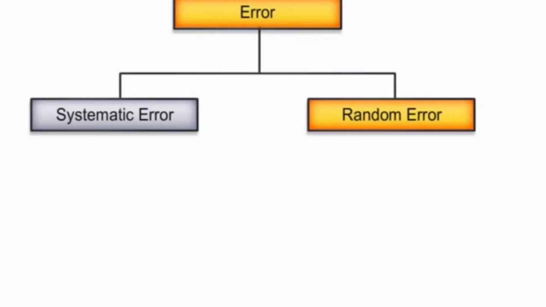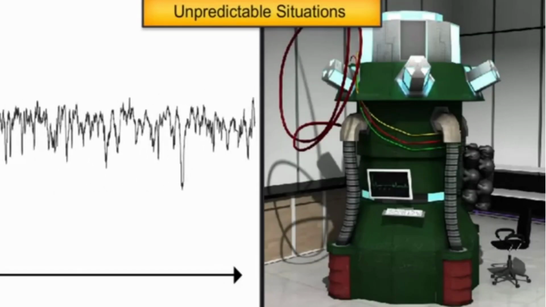Coming to random errors, these can be positive or negative as well. Random errors are bidirectional and every time they may not be the same. You might get a different error, sometimes positive or sometimes negative, and they are mainly caused by sudden unfavorable situations. For example, a voltage fluctuation.